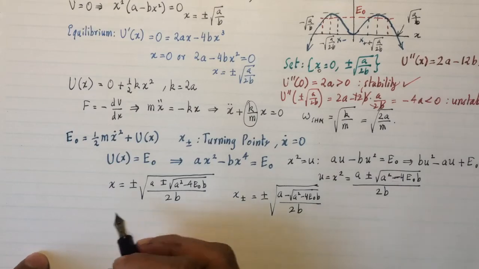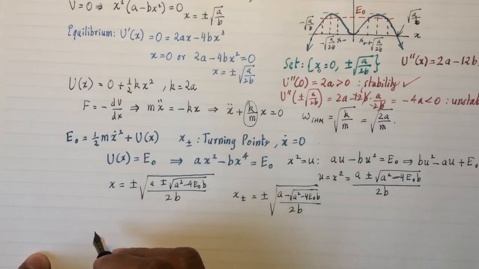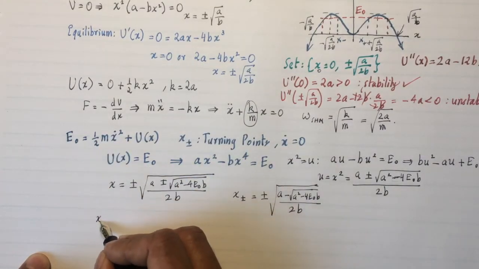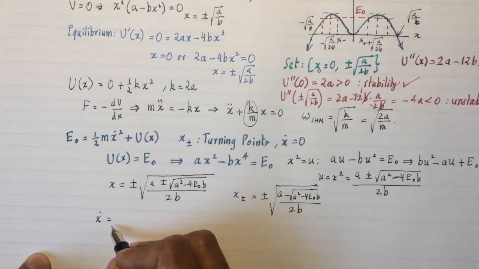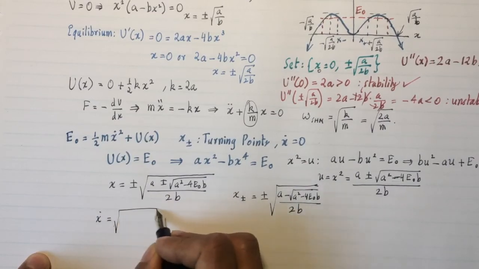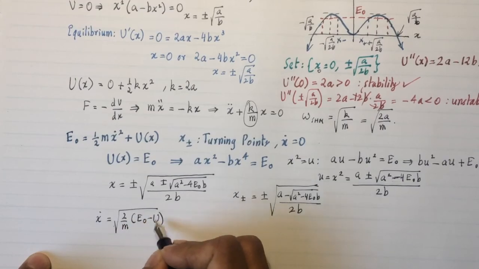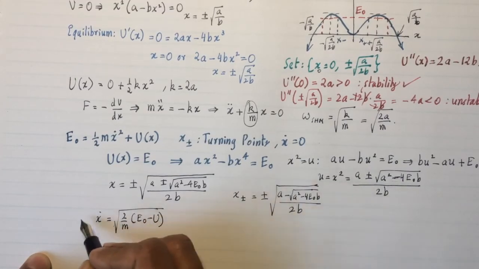You can find out, for example, the time taken to oscillate back and forth once. So for that, what I do is I write the x dot in terms of everything else. So x dot, when you solve for it, I'm going to get the square root of 2 over m, times the energy minus u. And x dot is dx by dt.